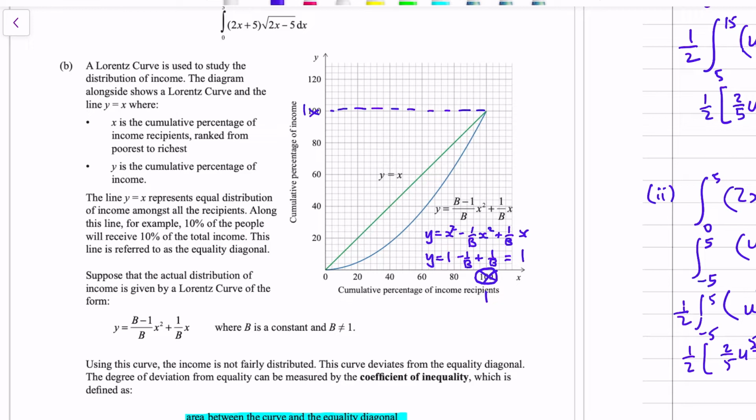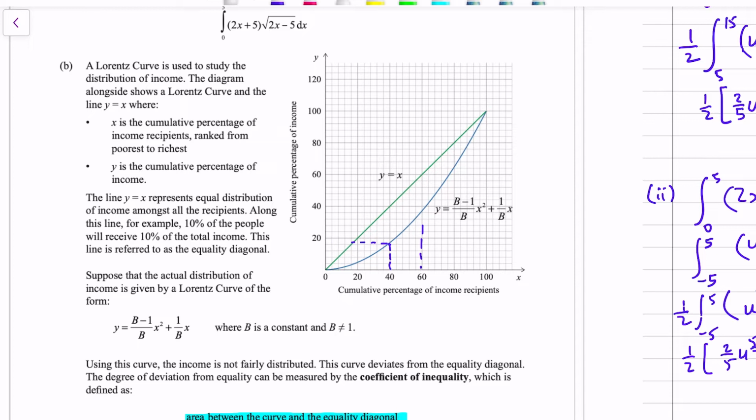So if you had a population where the distribution of income followed the function they've given, which is a parabola, then if we look at some particular values, for example here, 40% of the country earns 18% of the income, and say, I don't know, 60% of the people that live in the country earn the lowest 40% of the income. So it's not an equal society.